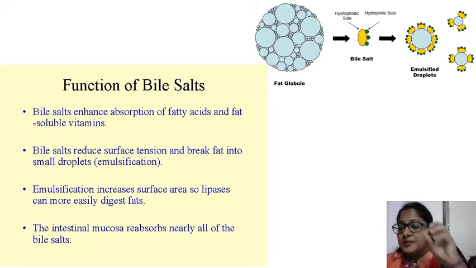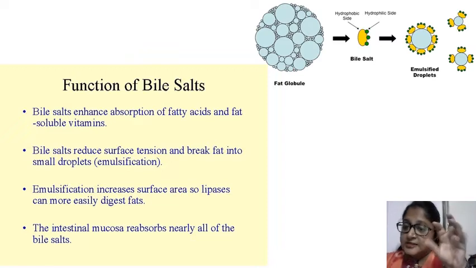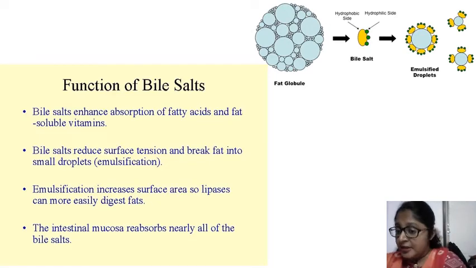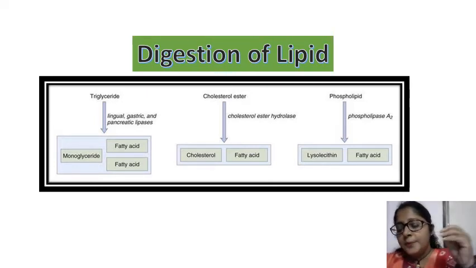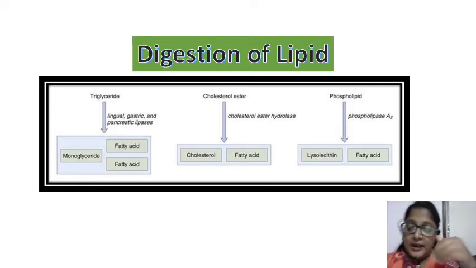So this is what happens in the small intestine. One part of fat digestion in the small intestine is always regulated by the bile salts. As I was discussing in the previous slide, that one part was controlled by the bile salts, the bile helping in emulsification and further action of the lipase, and the second part of the digestion takes place by the lipase enzymes present in the small intestine.